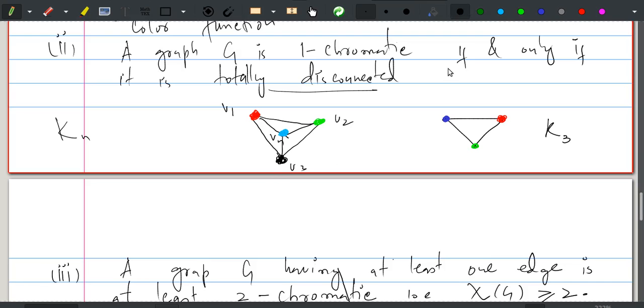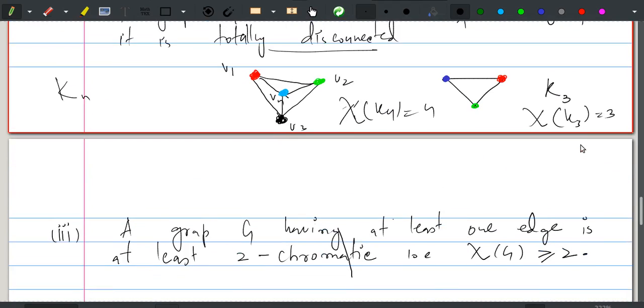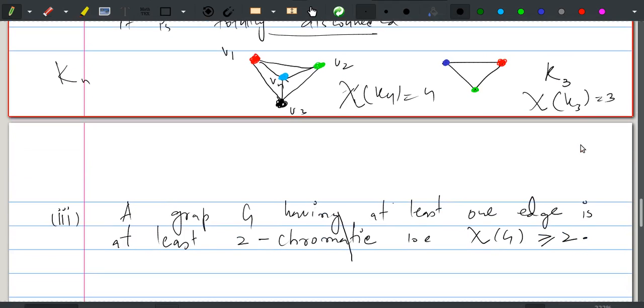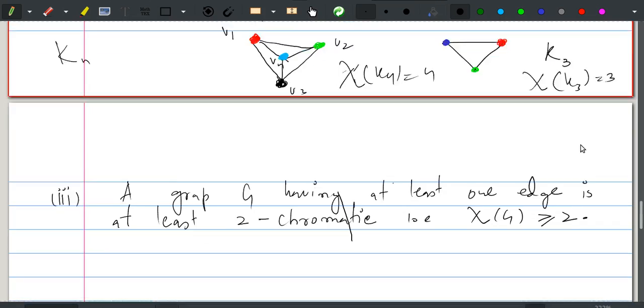So for this graph K4, the chromatic number is 4, and for K3 we have 3. The number of colors that we are going to need to paint the vertices of a graph is at most the number of vertices.